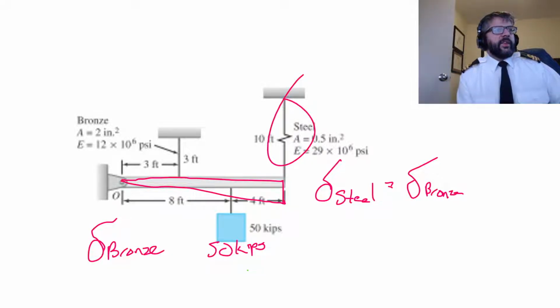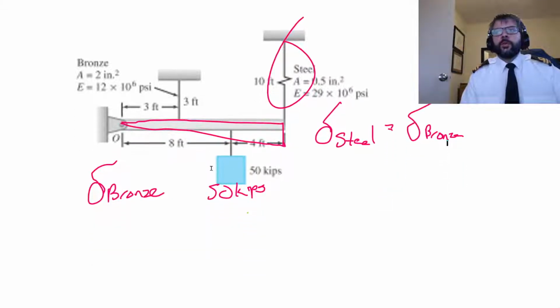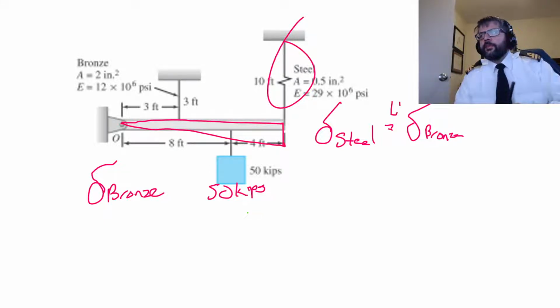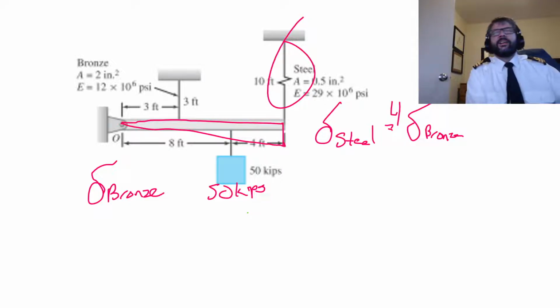So we got that. Oh, I forgot to put the 4. So 4 times as much displacement in the steel as in the bronze.